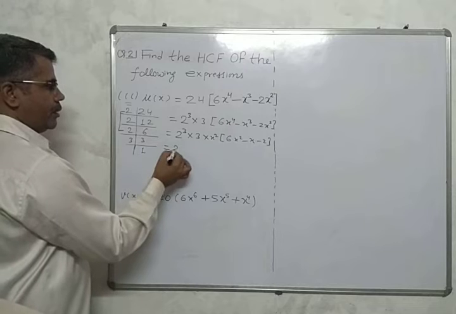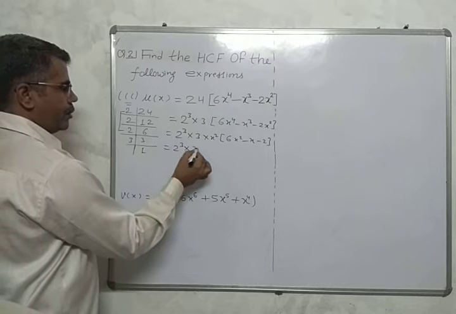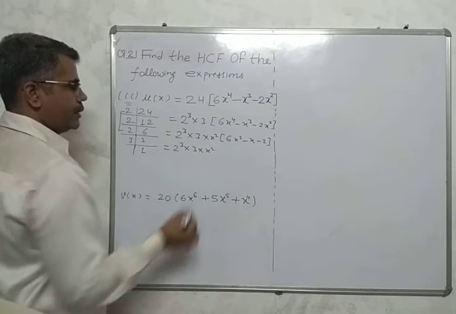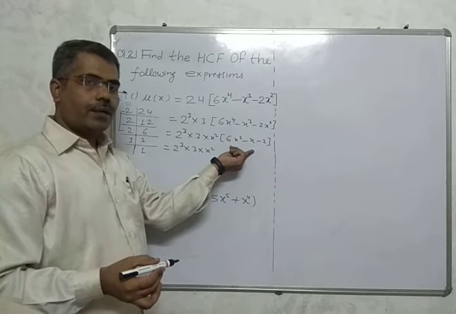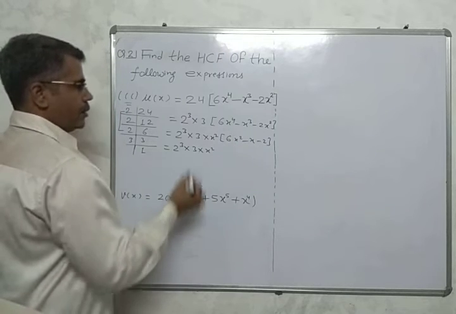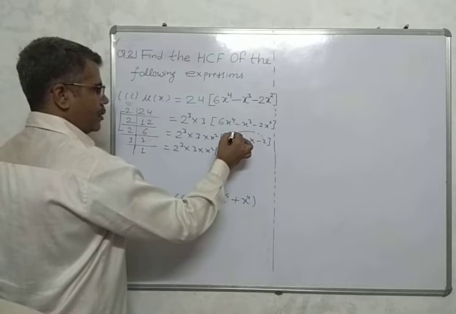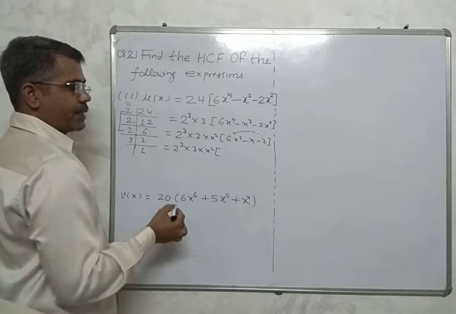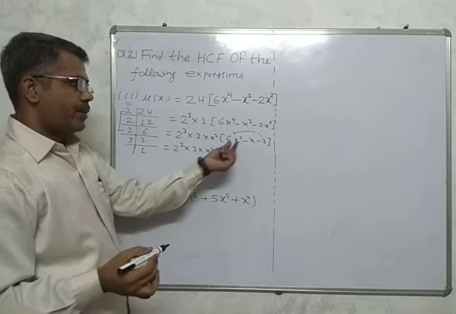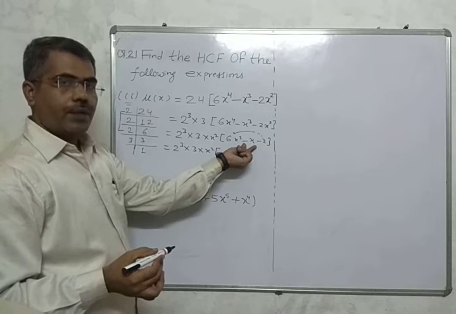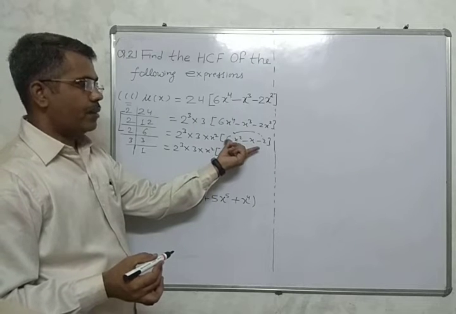We find the factors of this algebraic expression by the middle term splitting method. We know that 2 into 6 is 12. We split minus 1x in the form of 12.